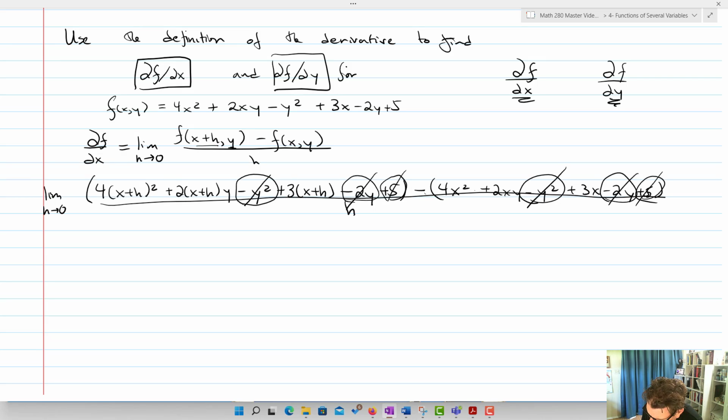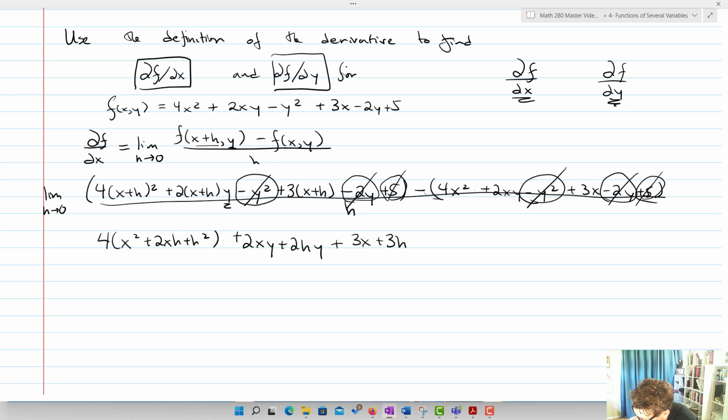Now what we do is we see, okay, so now I'm going to get 4 times x squared plus 2xh plus h squared, plus 2xy plus 2hy, because notice we've got that y there, and then plus 3x plus 3h, and then we'll subtract 4x squared, 2xy, and 3x, and that finishes it out.